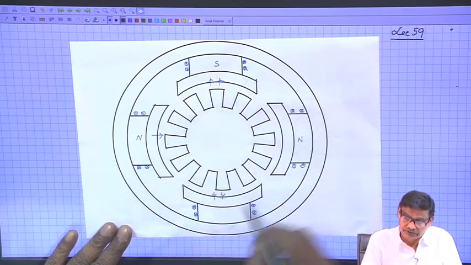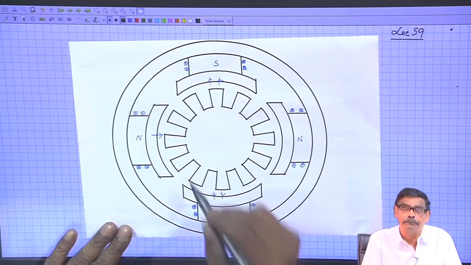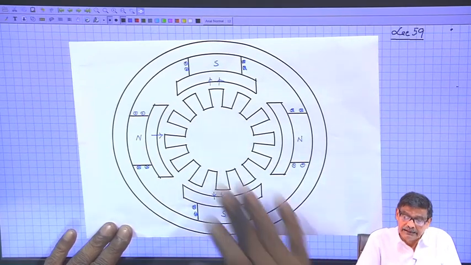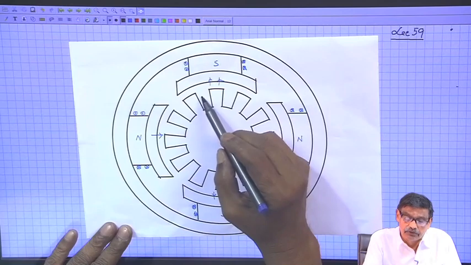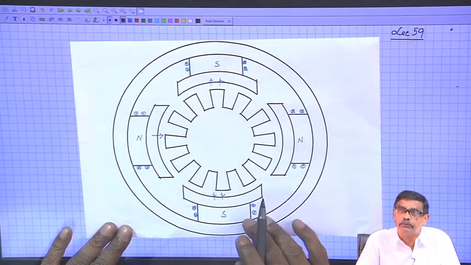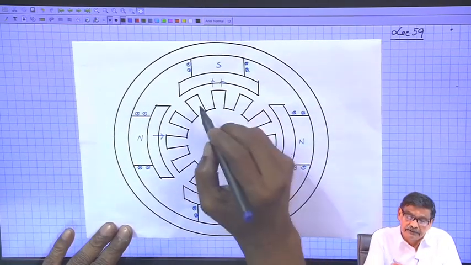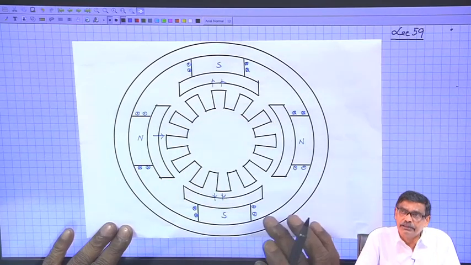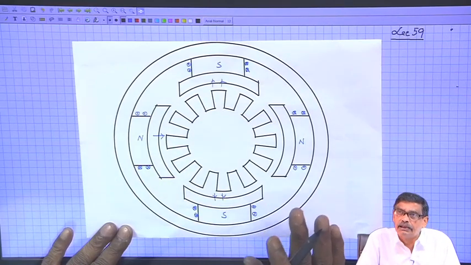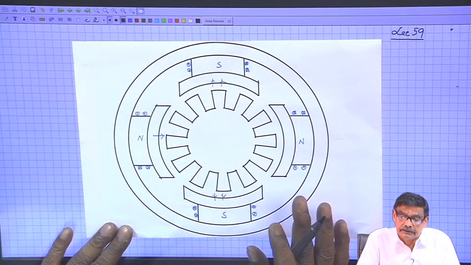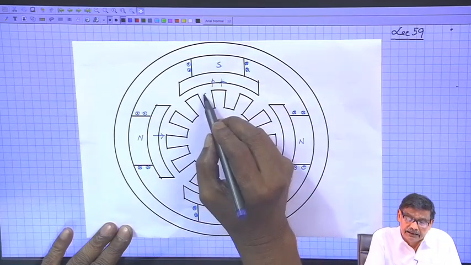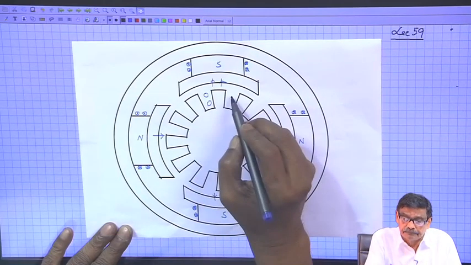So, it becomes a north south, 4 pole machine, and the rotor is this one where there will be slots and conductors placed. Conductors means coils will be placed, and each coil has two coil sides, and this I will show like this.